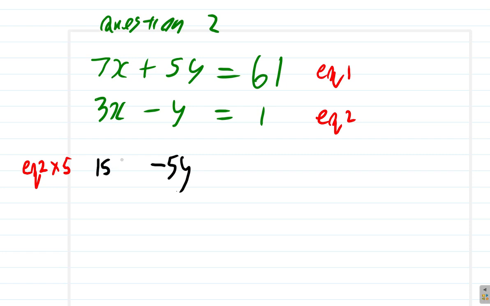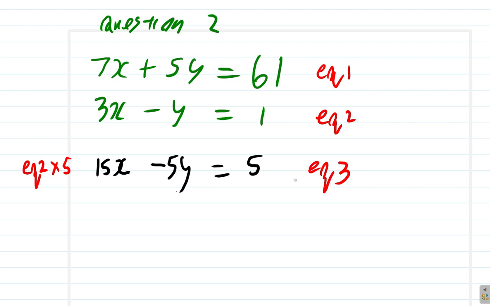So 5 by 3x is 15x minus 5 times y gives you 5y. We did that already, right? Equals 5 times 1, because this one is the same one here. 5 by 1 will give you 5. So we have a new equation here. Let's call it equation 3.